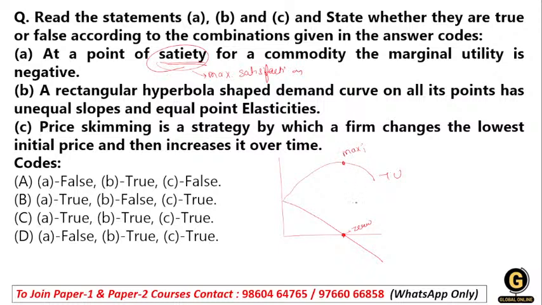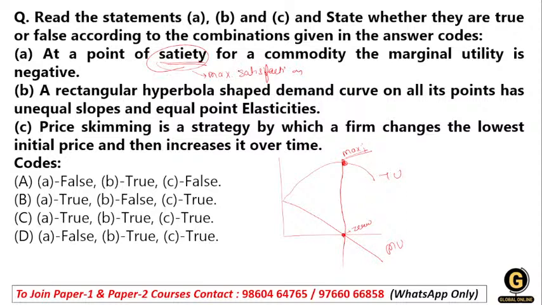That means the consumer gets maximum satisfaction at that point. But the statement says marginal utility is negative.